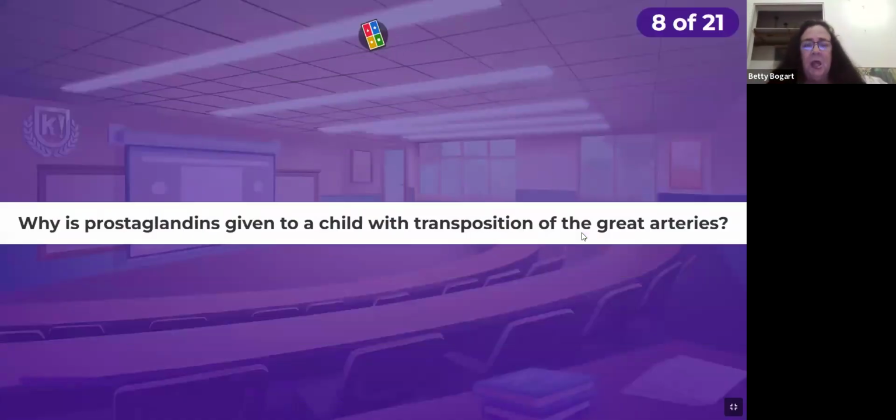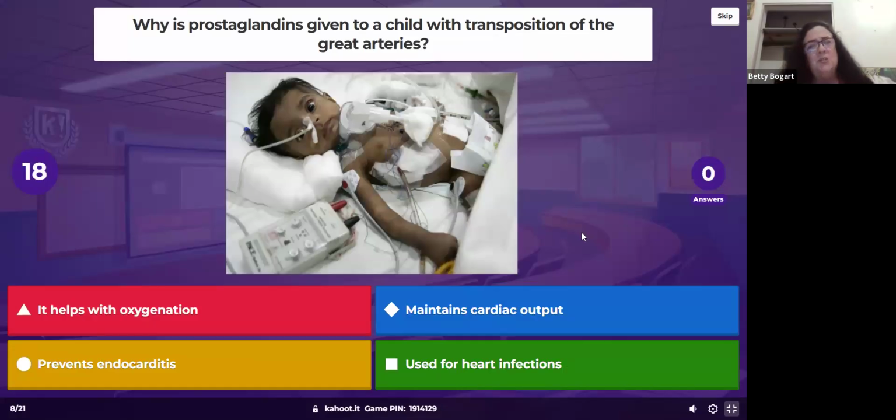A multi. Why are prostaglandins given to a child with transposition of the great arteries? What do prostaglandins do? Prostaglandins, mommy during pregnancy has it there for fetal circulation, right?